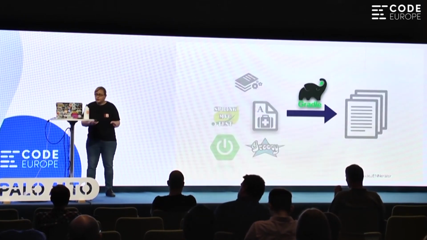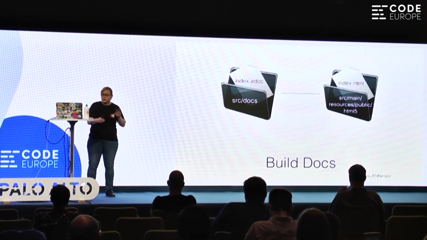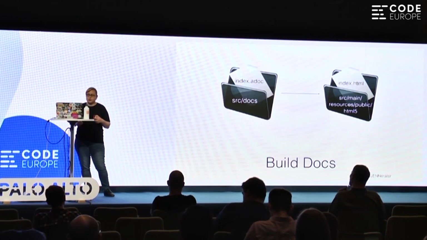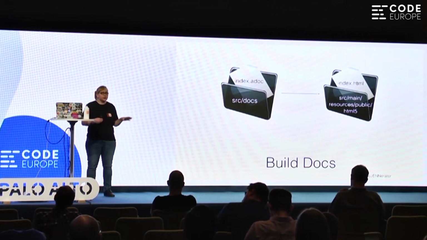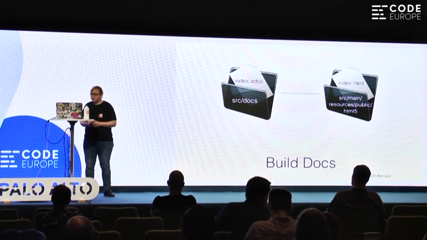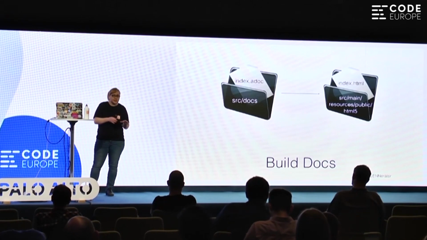Okay. So if we, at this point, run our entire build, we should get some docs from our source into an HTML format. There are some different strategies to how you might do this. In this case, I've been using the example where you include your documentation in your assets directory so that it builds and deploys with your application, which of course works great if everything is in the same place.